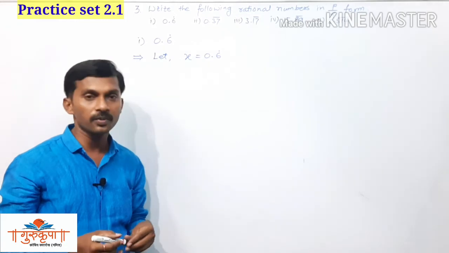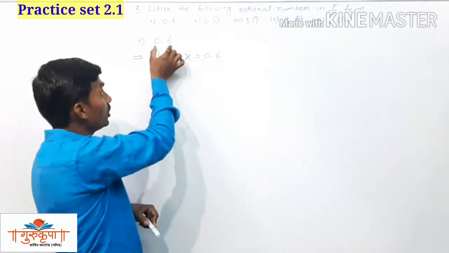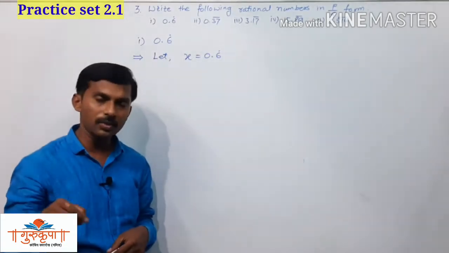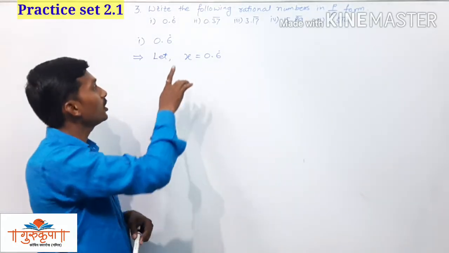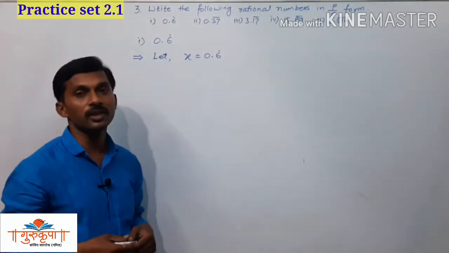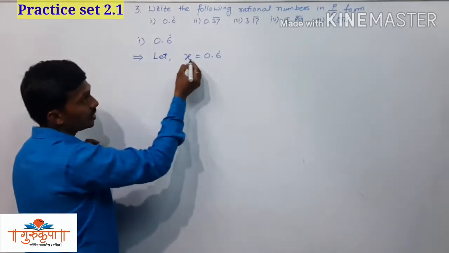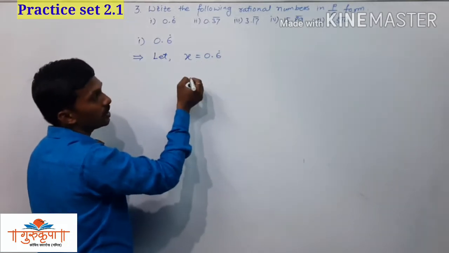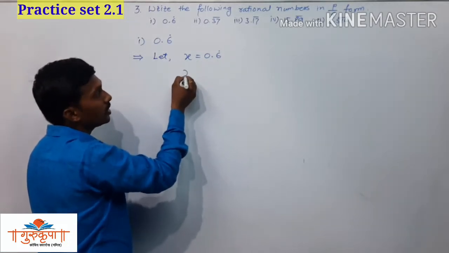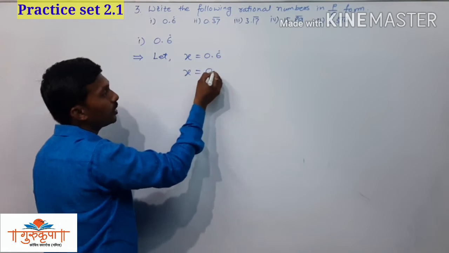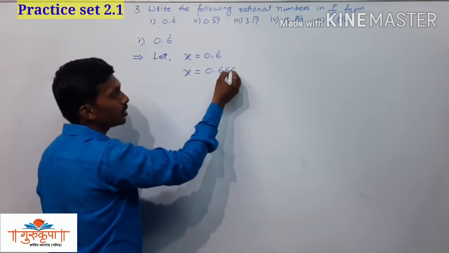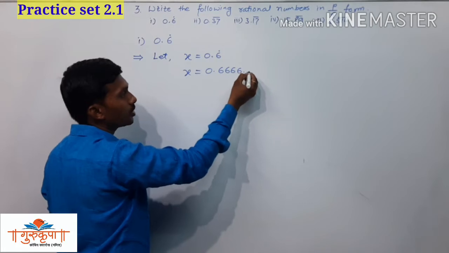In the first step, we have to represent the given decimal form using any variable, and here we represent it using the variable x. Now x is equal to 0.6 recurring. Now we can write x is equal to 0.6666 and so on.